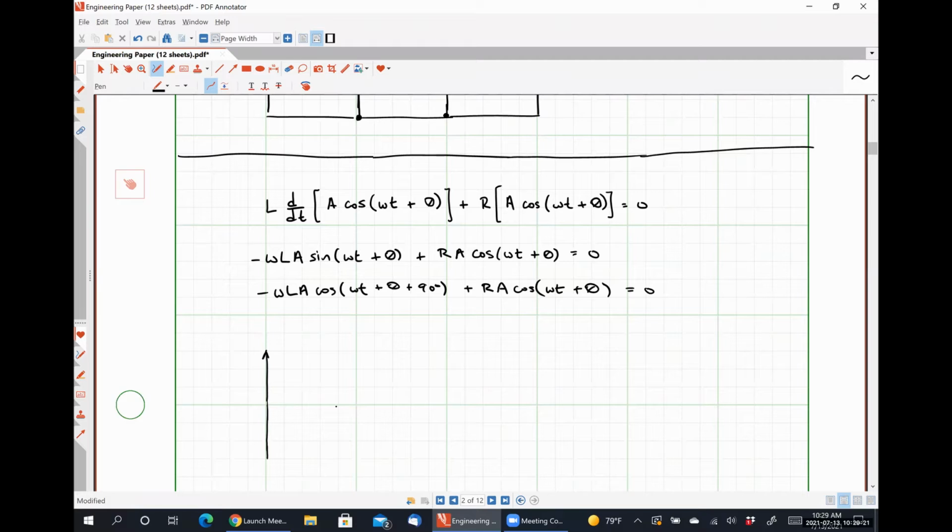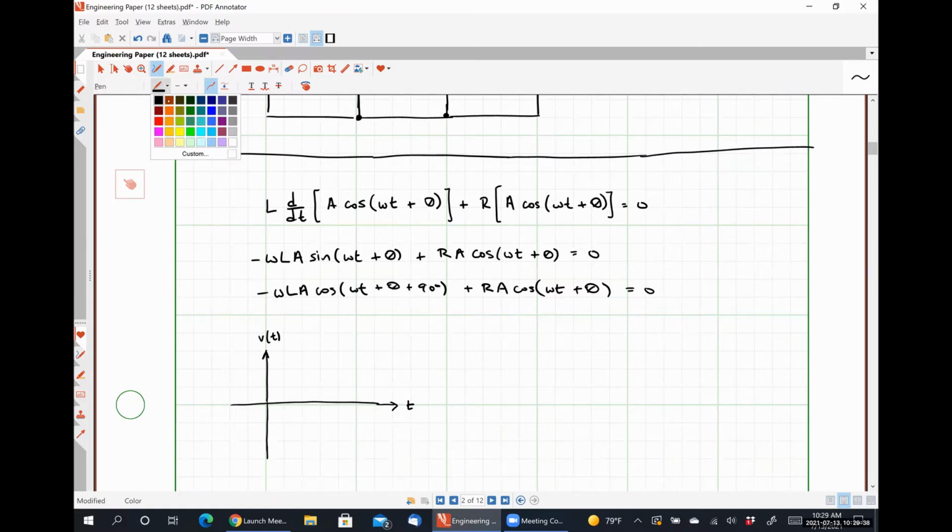Let's say that I have this graph where I'm looking at a voltage signal as a function of time.